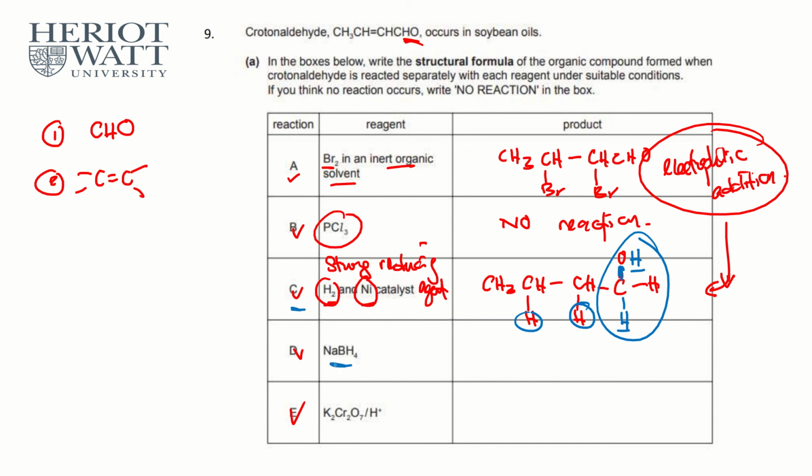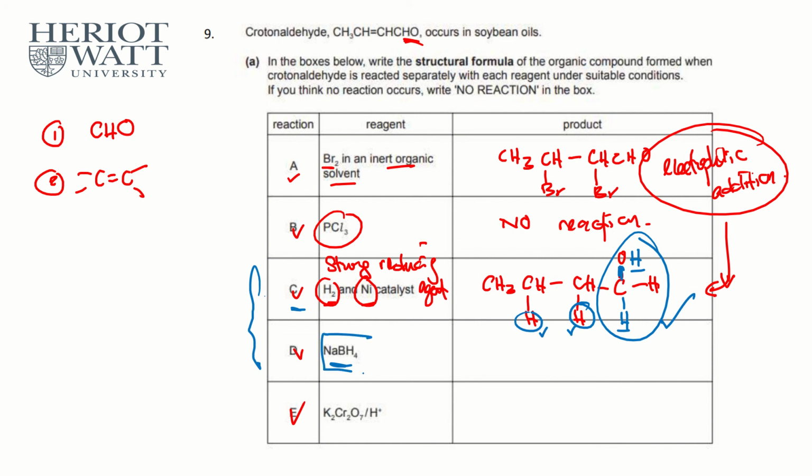And for part D, reducing agent. Now, what's the difference here? I want you to pay attention to this C and D, right? The only difference between them is that hydrogen and nickel is a strong reducing agent which can be used to reduce aldehyde into alcohol, like what I did just now, as well as changing a double bond into a single bond by adding 2 hydrogen into it.